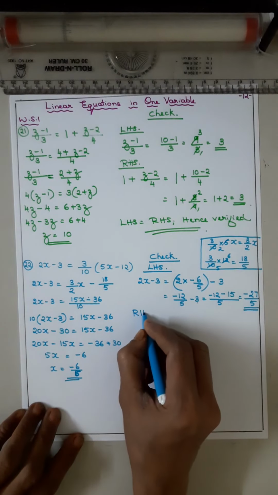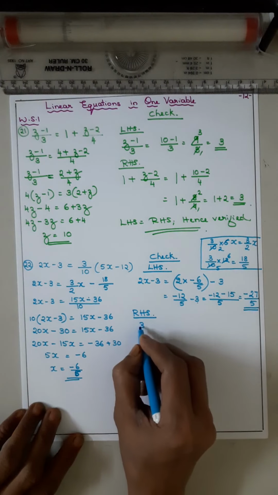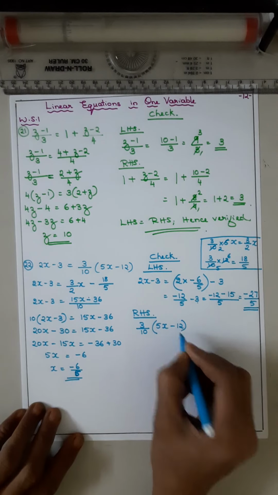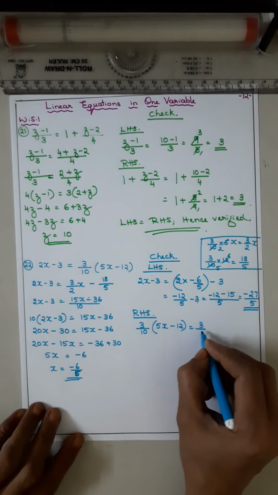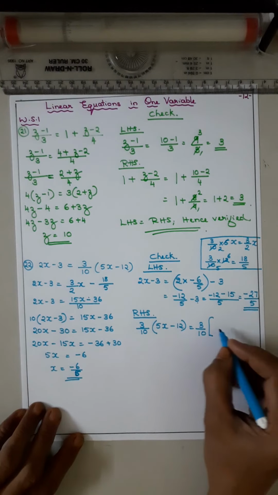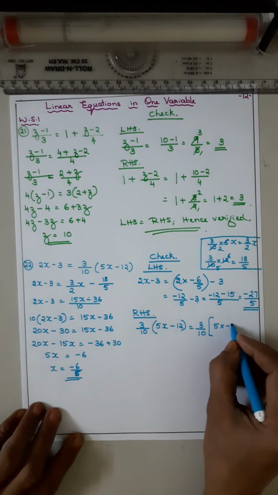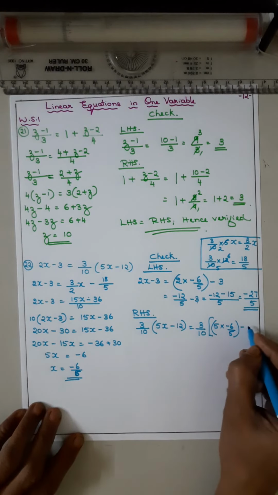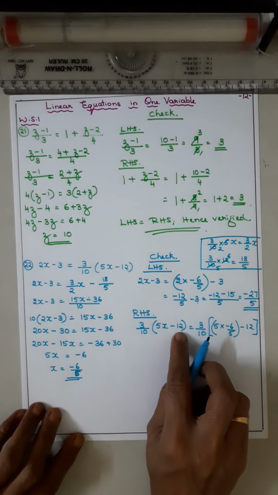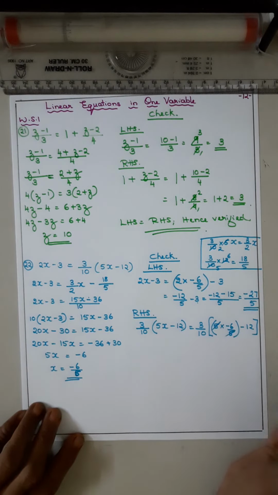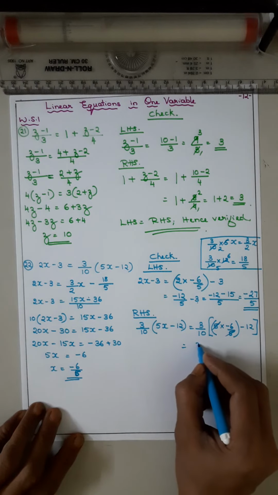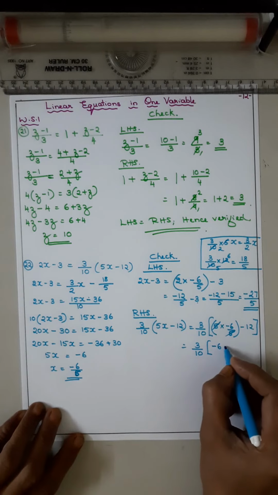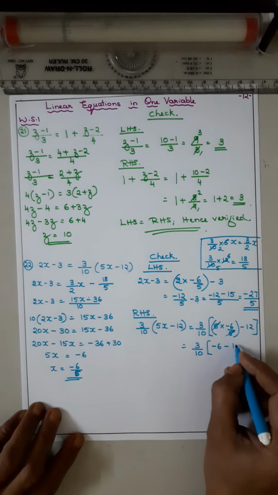Now RHS. 3 by 10 bracket 5x minus 12. Put the values. 3 by 10, now 5x, it will be 5 into minus 6 by 5 within the bracket, minus 12. Clear? Now this 5 gets cancelled. So it will be 3 by 10 bracket minus 6 minus 12.